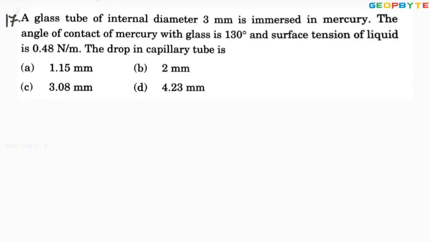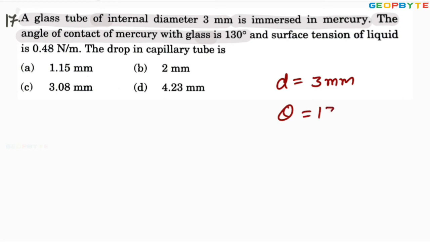Look at the 17th problem. A glass tube of internal diameter 3 mm is immersed in mercury. The angle of contact of mercury with glass, theta, equal to 130 degrees.